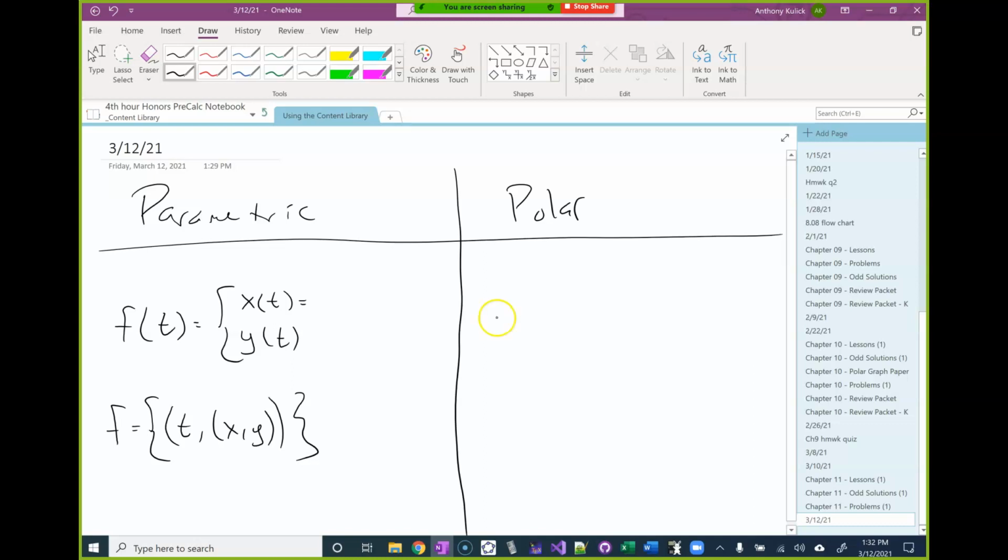Okay. A polar function is something that's in the form like r equals f of theta. I'll just write it that way, I guess.